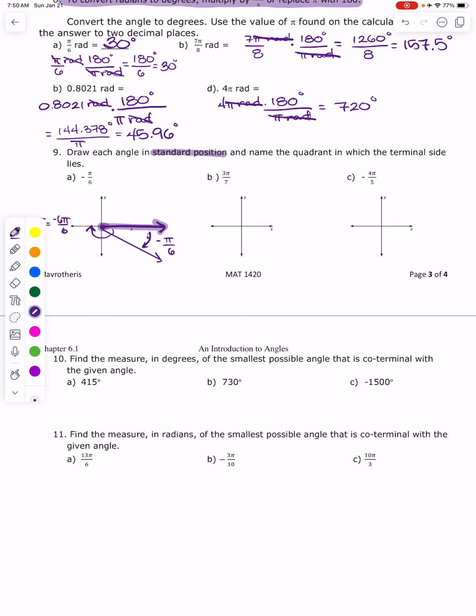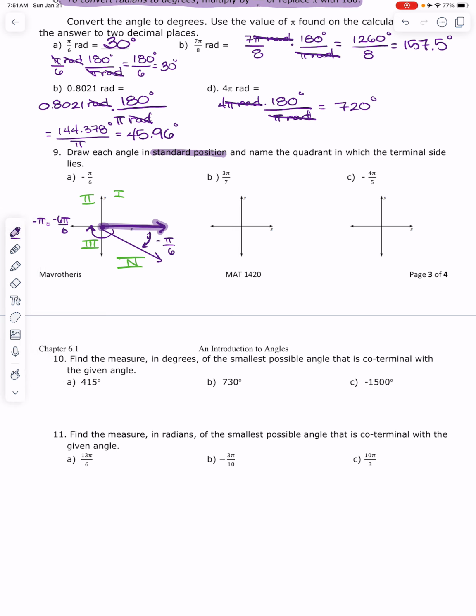And just a reminder about how we label our quadrants here. This is 1, 2, 3, and 4, so that negative pi over 6 ends up in quadrant 4.